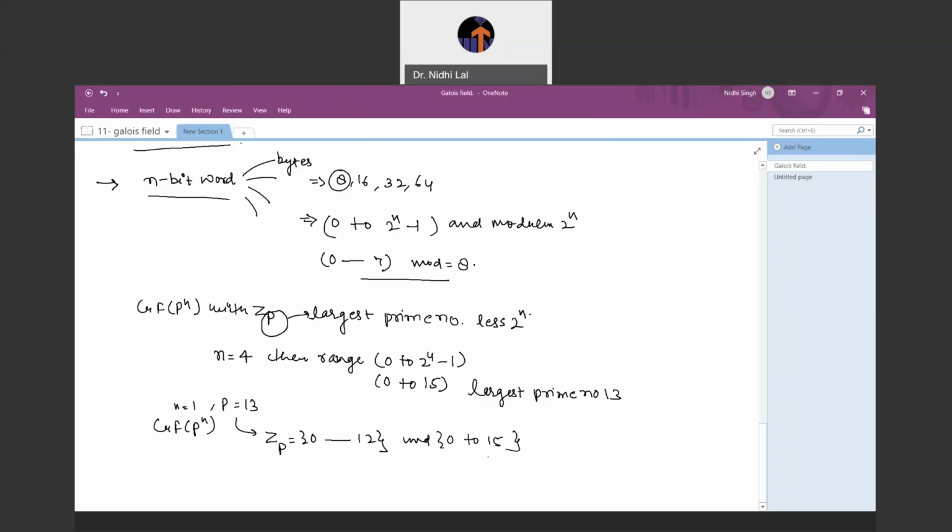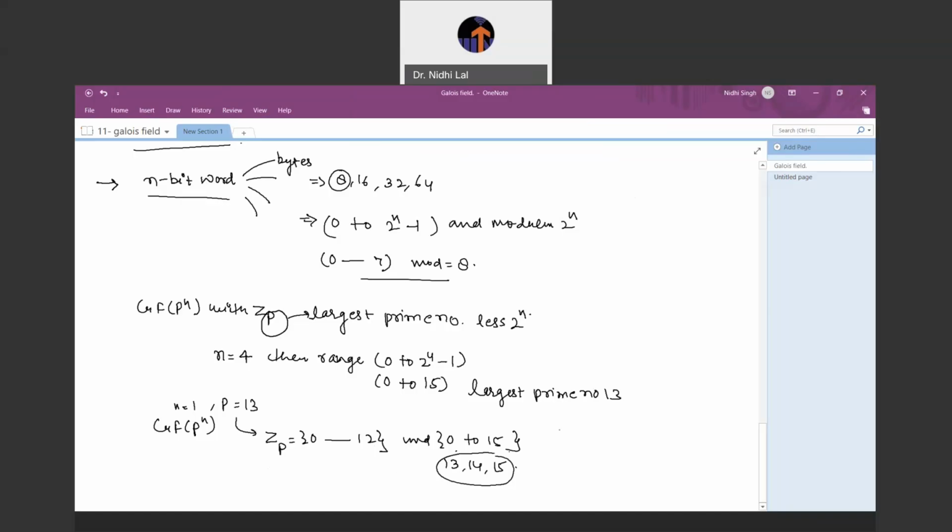So what I'm trying to say is that from the allowed integers 0 to 15, if I apply the Galois field GF(p^n) concept, then we can only use the integers starting from 0 and finishing at 12. We cannot use the integers 13, 14 and 15. That's why it is very inefficient.